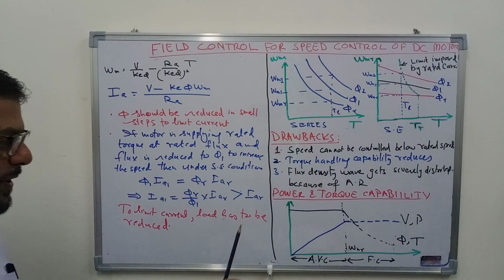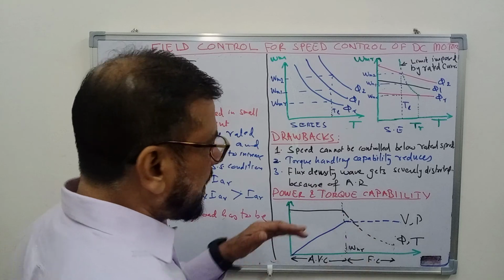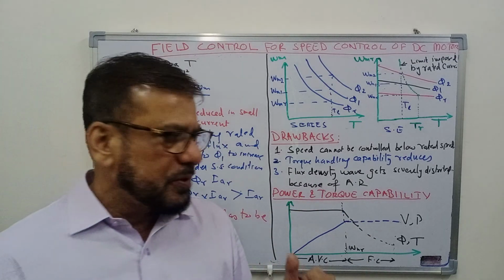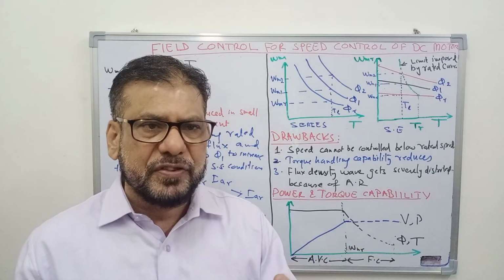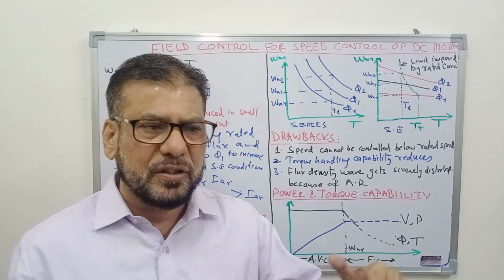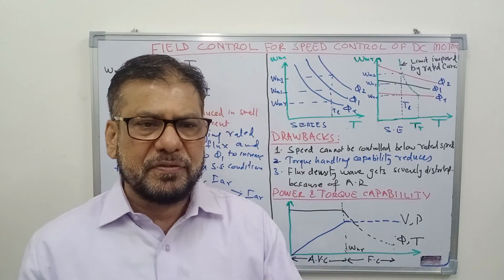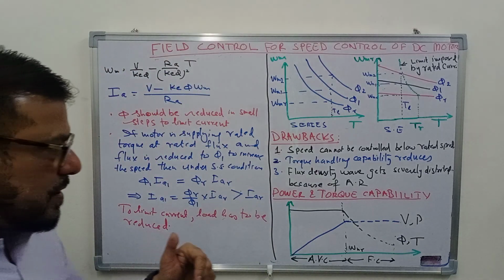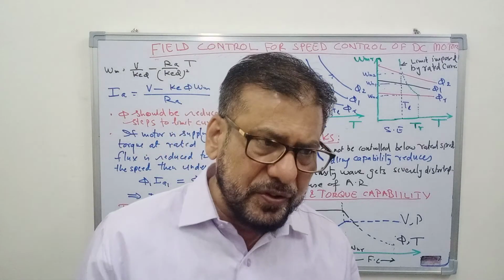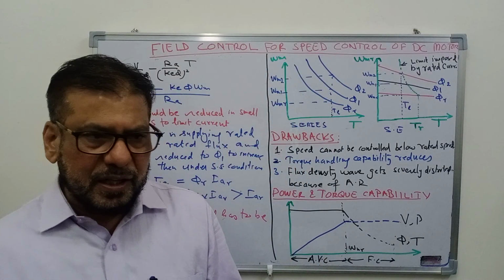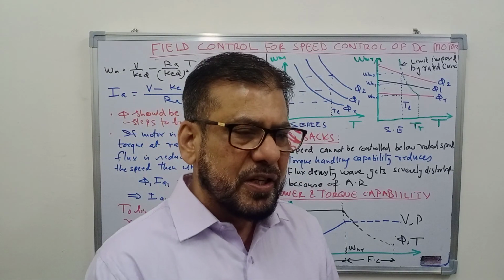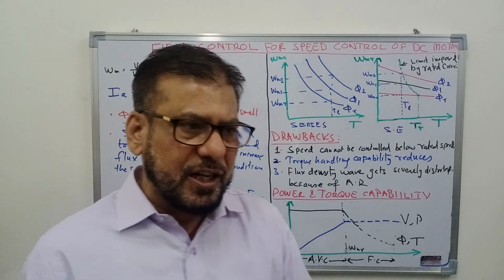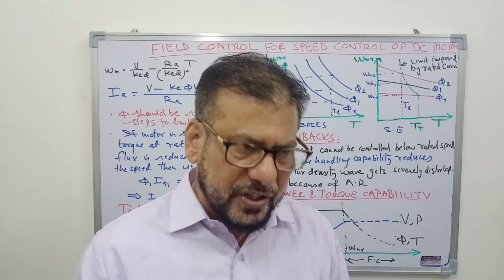And the third drawback is also important: because of armature reaction, the flux density wave is distorted. It is not flat type, it is having some peak, it is distorted. In normal design of the motor, we take care that the armature reaction of the field is higher than the armature reaction of the armature, so that the effect of armature reaction is not severe.